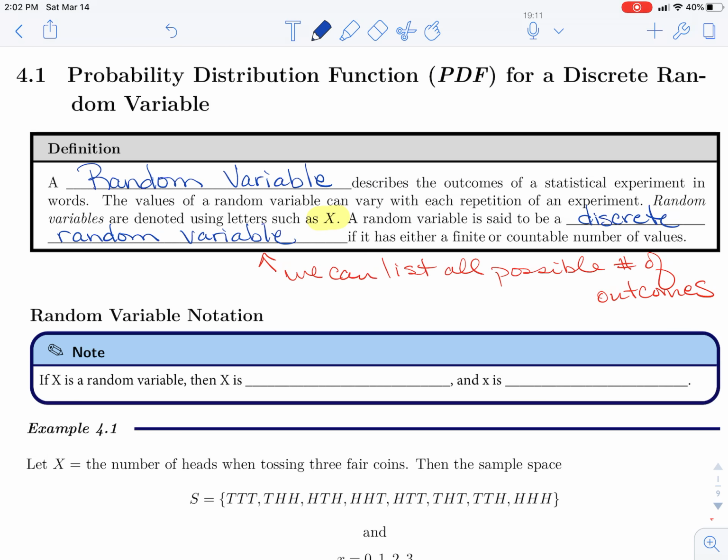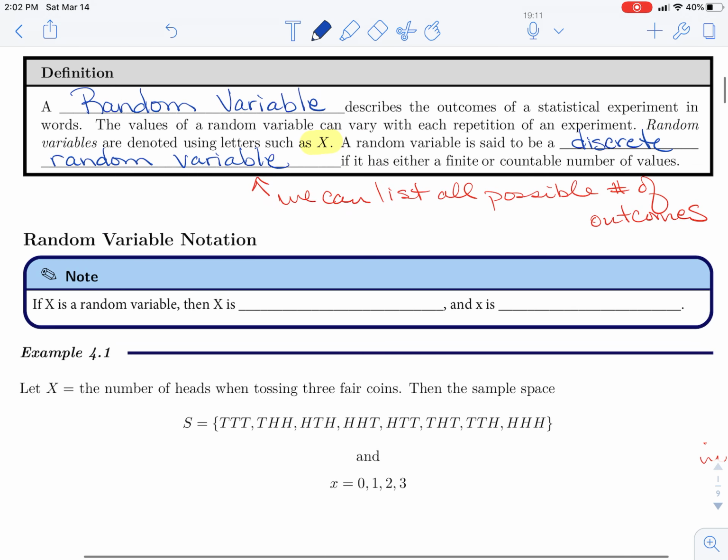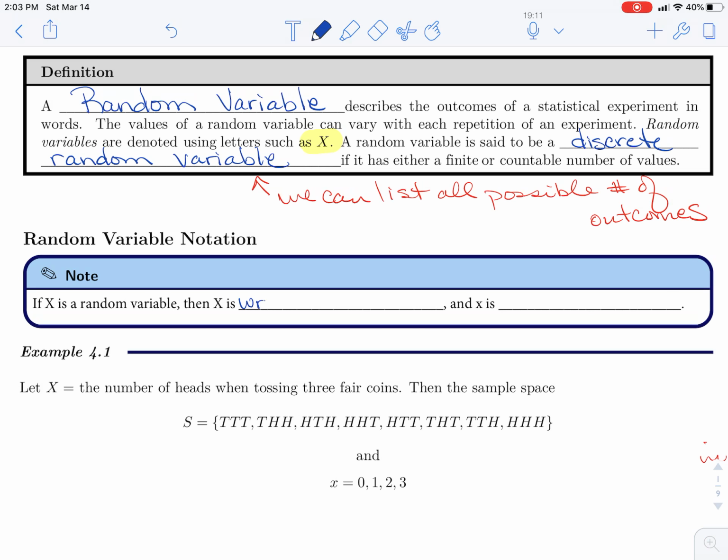Okay. So just to help out in our little note below here in blue, if X is a random variable, then capital X there is written in words, where little x is a number. In other words, how many times something can show up.